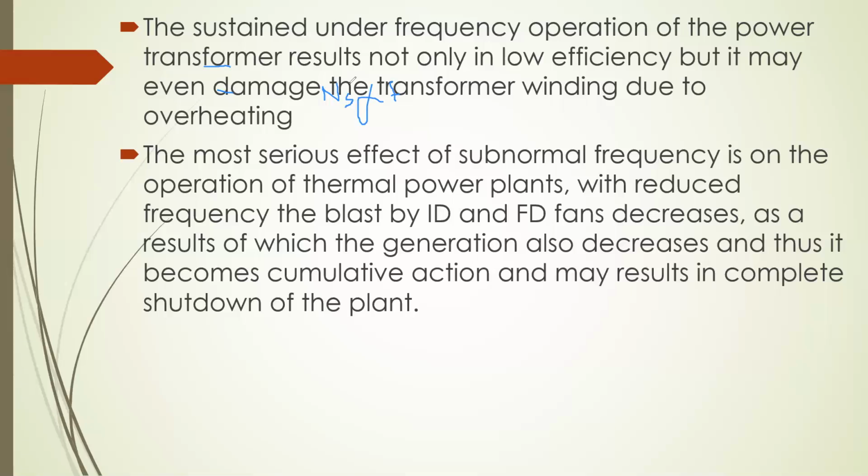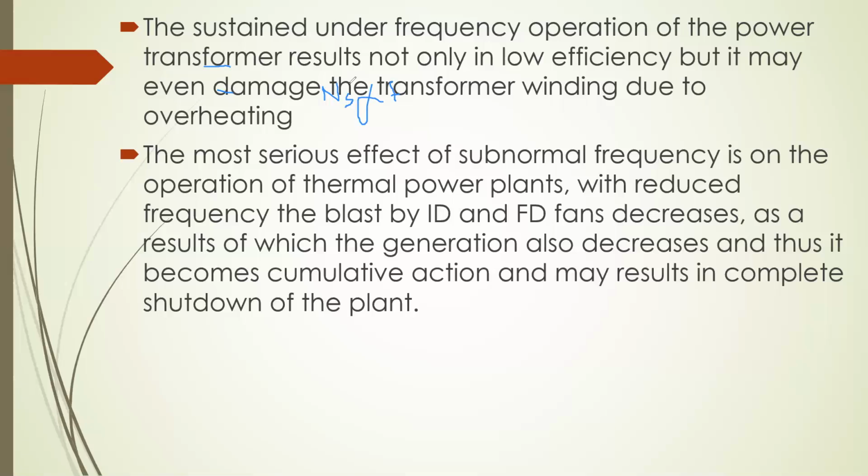Due to this decrement of frequency, because EG is directly proportional to speed, which is directly proportional to frequency, and output power is equal to 2πNT by 60, it again depends on the torque value. So whenever the frequency decreases, the power generation will also come down.